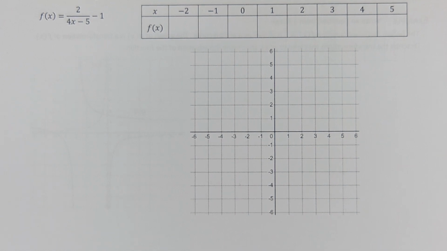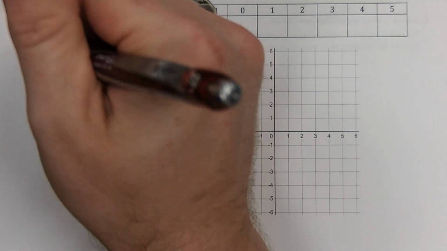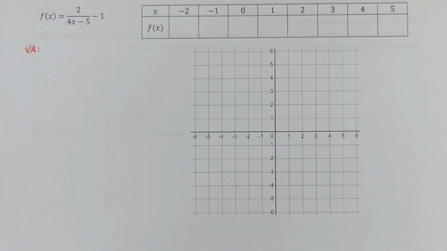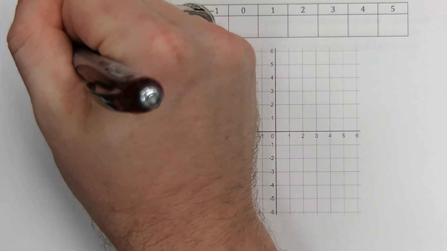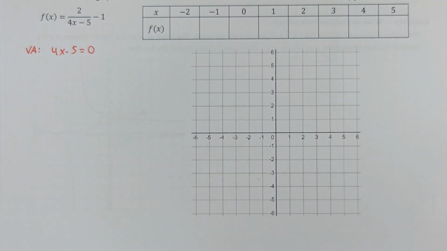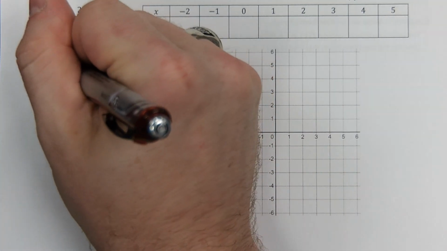Before I do that though, what I'd like to do is identify my 2 asymptotes. My vertical asymptote is always going to happen when you try to divide by 0 for rational functions. And that's not allowed. So you go, all right, 4x minus 5 equals 0. And we have to solve for x. Add 5.